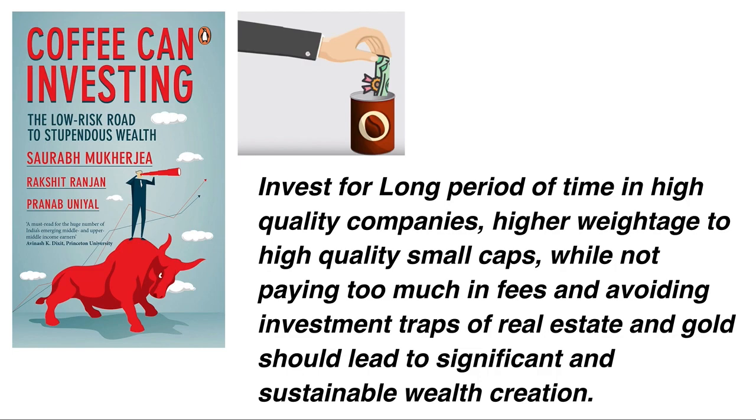Investing for a long period of time, high quality companies, higher weightage to quality small caps with some professional guidance, and not picking fewer small caps but many small caps, while not paying too much in fees, avoiding investment traps like real estate and gold, should lead to significant sustained wealth creation.